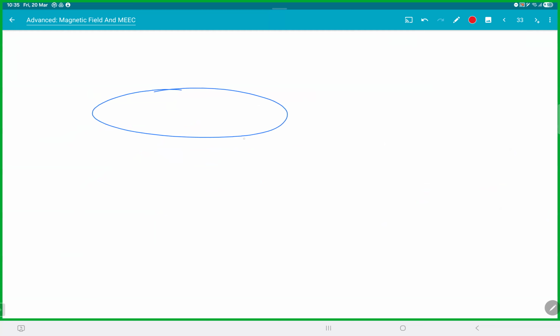So if you look at this thing here, this is the current. This is your magnetic field B. Radial, no? It's not up to scale. I should draw it somewhere else. This is your B. This is your current.